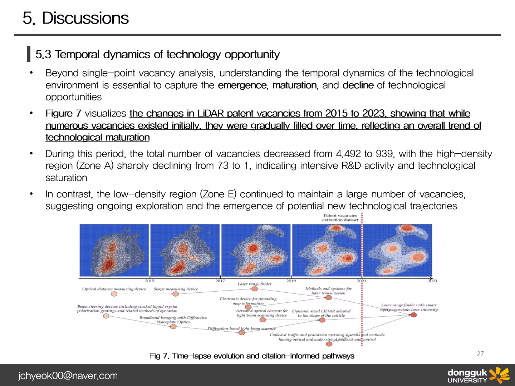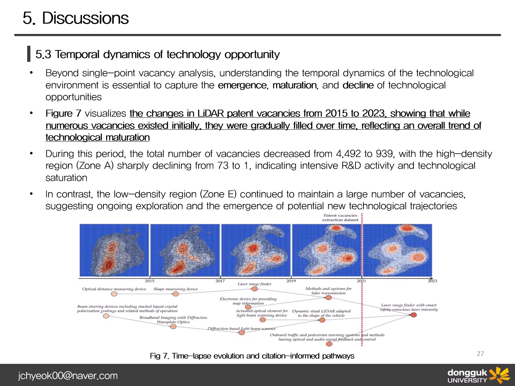Figure 7 visualizes the change in LiDAR patent vacancies from 2005 to 2023, showing that while numerous vacancies existed in the early years, they were gradually filled over time, reflecting an overall trend of technological maturation.